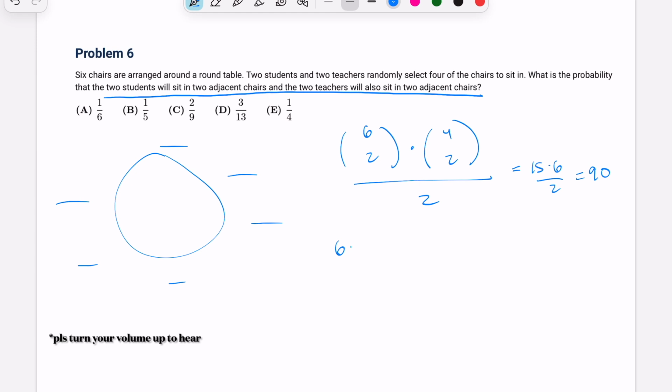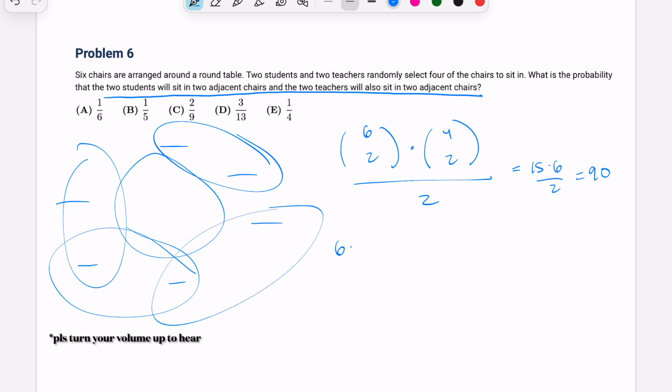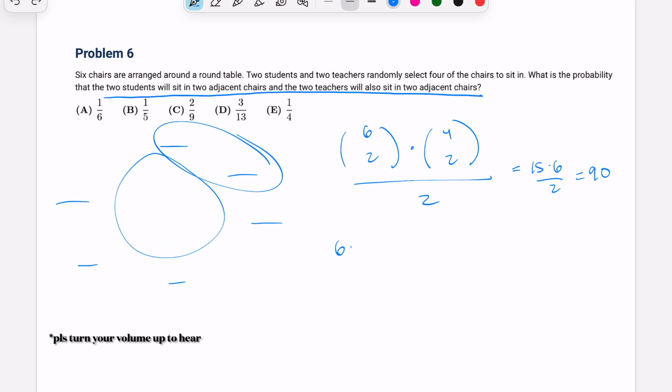Then say the 2 students sit here. Then the 2 teachers can either sit here, here, or here. That's 3 possibilities for the teachers. And finally, we're going to divide by 2 because, again, it doesn't matter if the 2 students sit down first or if the 2 teachers sit down first. So this is going to give us 9 ways that 2 students will sit in 2 adjacent chairs and 2 teachers will sit in 2 adjacent chairs.